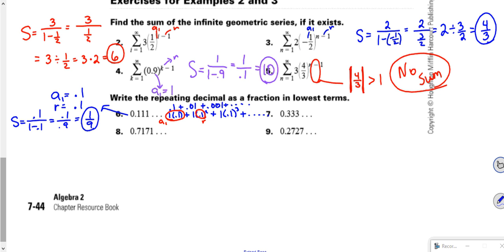Now, let's look at 7. 7 is the same kind of deal here. 7 is 0.3 plus 0.03 plus 0.003 plus and so on. That is 3 times 0.1 plus 3 times 0.1 squared plus 3 times 0.1 cubed plus and so on.